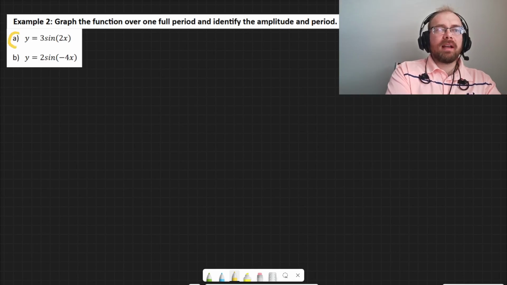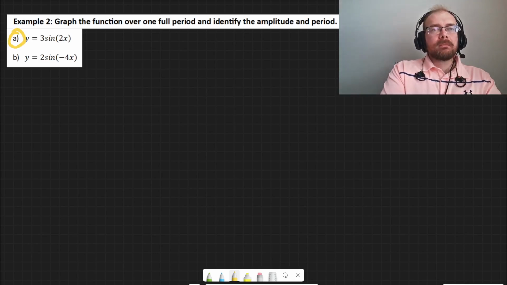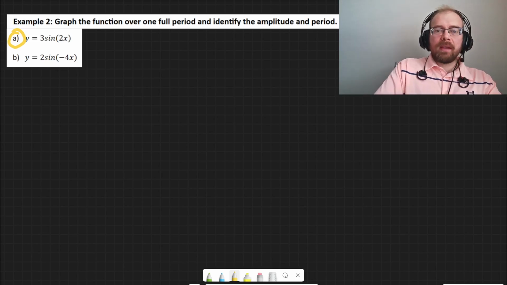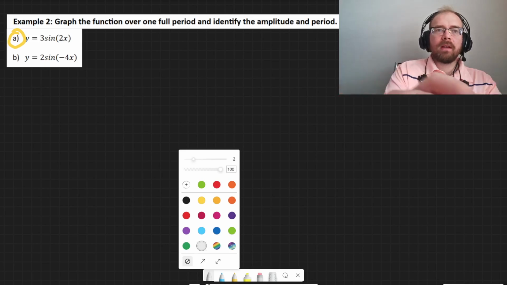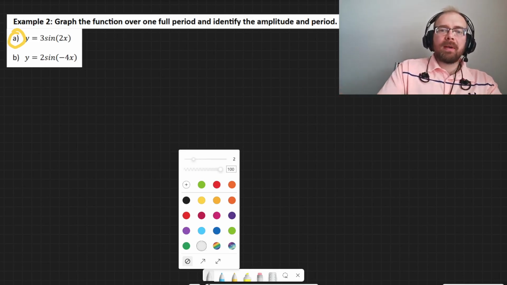I'm going to do yellow, I think, for this one. And before we actually do that, I'm going to do something else. Let's do like a white color here, because I'm going to have the parent function. Actually, let me do something similar to the yellow. Let's do like an orange for the parent function. They both have parent functions, so that'll work out.